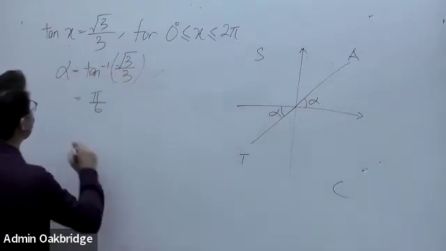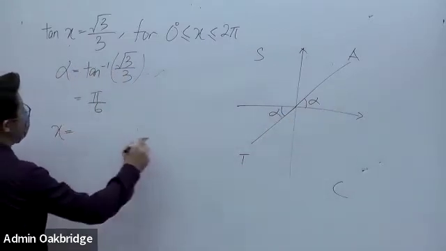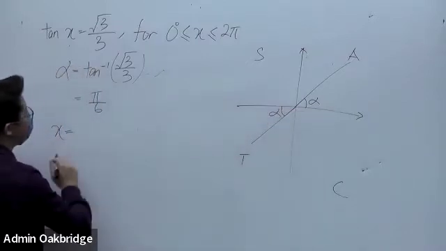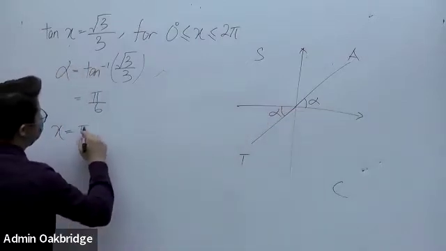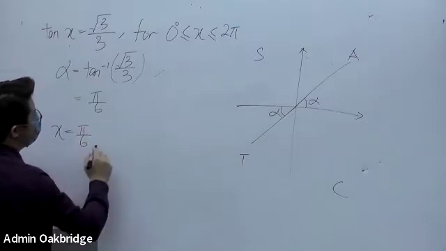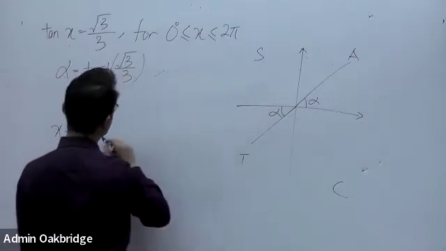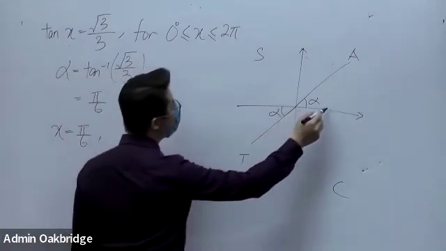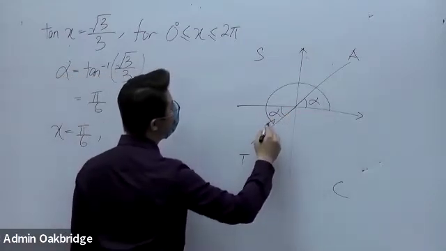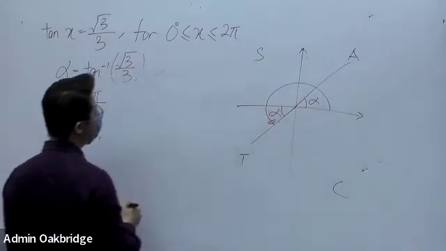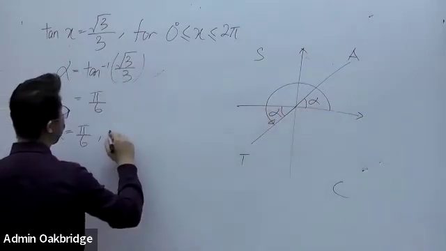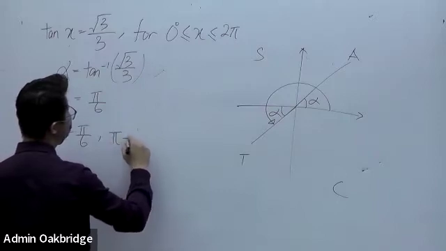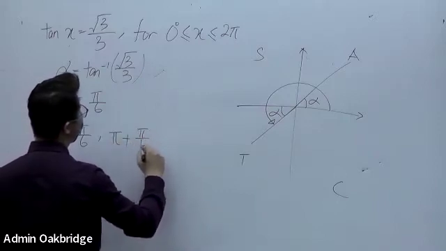Now you find out that x in the first quadrant is actually the basic angle, pi over 6. How about the next one? In the third quadrant, we should take 180 plus another basic angle. So 180 is pi, plus pi over 6.